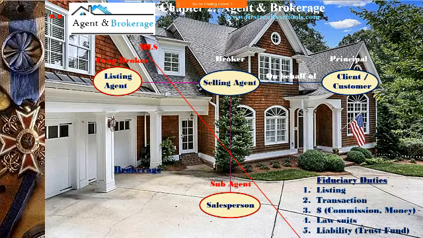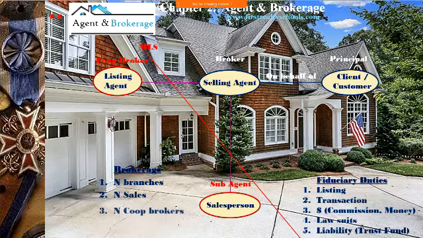Okay, on the other side, the brokerage system. A broker who opens a brokerage can run any number of branches. Within each of the branches, he can have any number of salespersons. That's for sure.